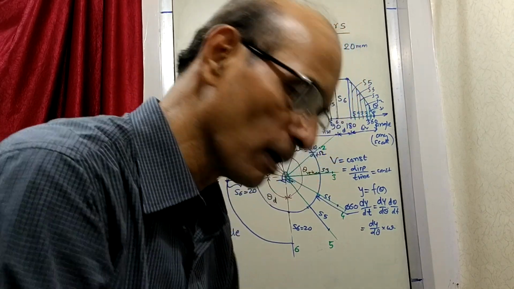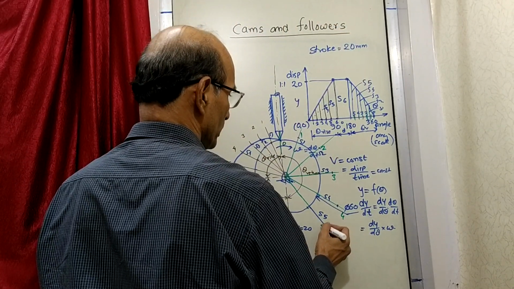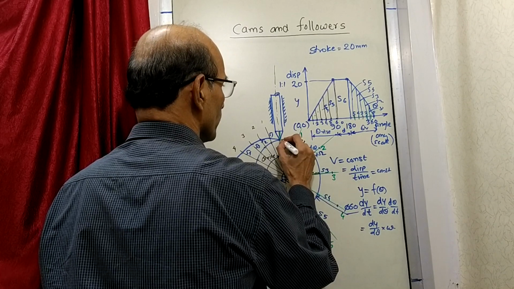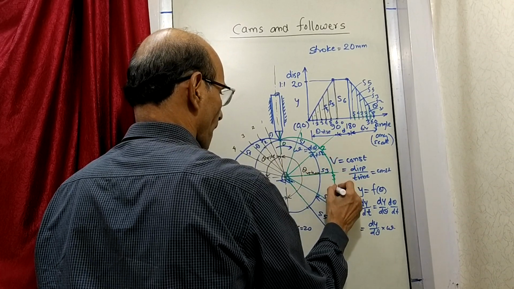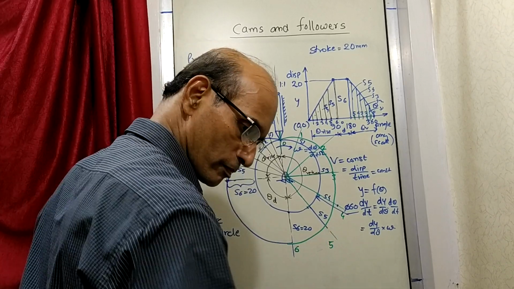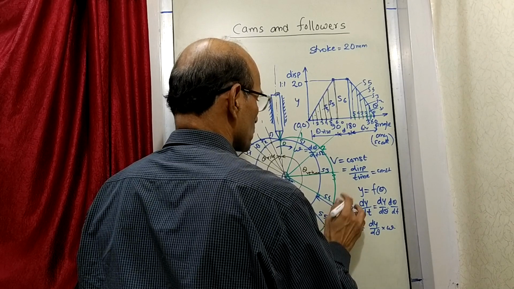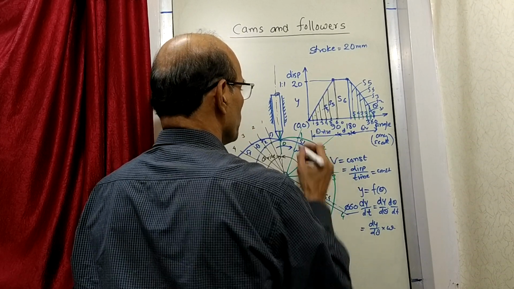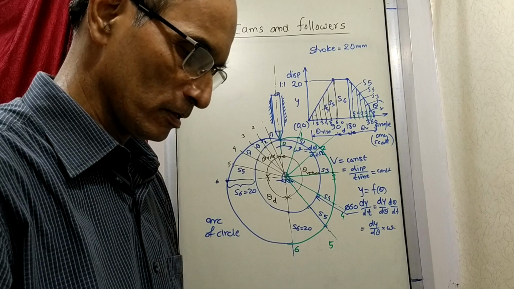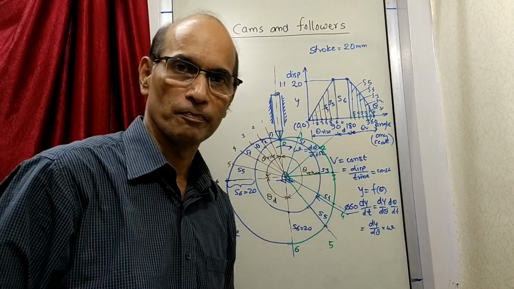Once you do this, we have to join all these points so that it comes to 0 again. I am just drawing freehand, but you can draw it by proper scale as in practical number 1. That time it will be a proper shape.